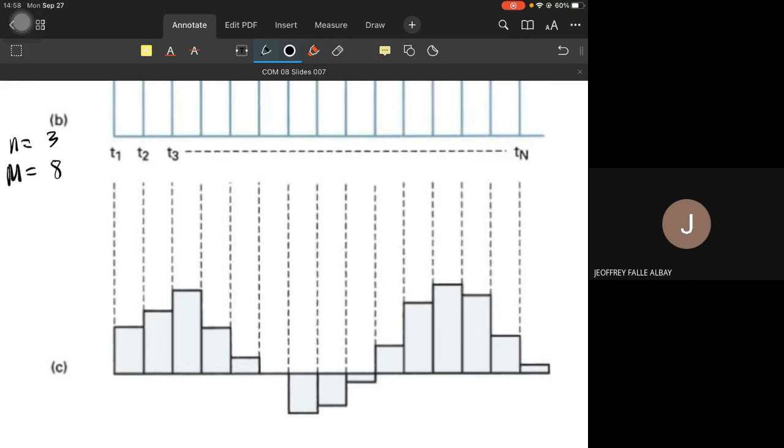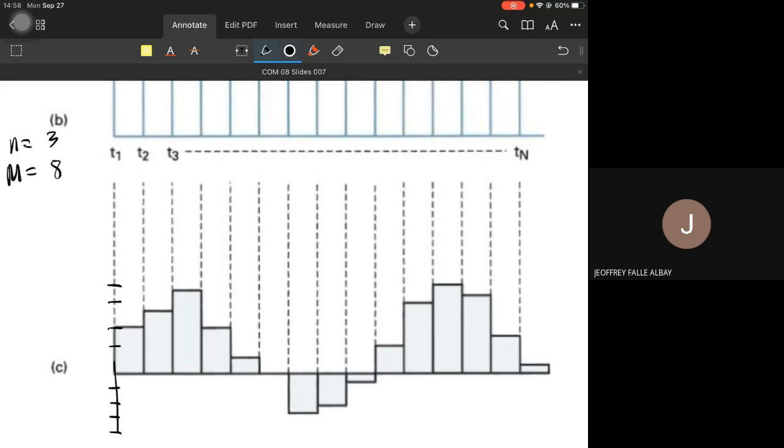And if we consider positive and negative, we only have 4 in each, no? 4 going up and 4 going down. So 1, 2, 3, 4. Okay? And 4 going down, 1, 2, 3, 4.